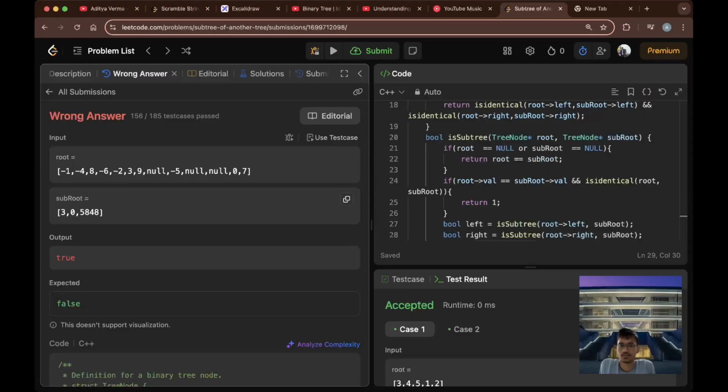Now you have to add, this identical is added. Where is 3, 0, 5, 8, 4, 8?